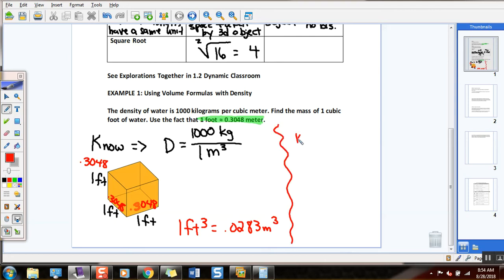It says for every 1,000 kilograms you have for every 1 cubic meter, well, we're looking for the mass. We don't know how much this weighs. This is unknown. We don't know the mass. So I'm going to put M up here for mass. But we do know that the cubic foot is now how many cubic meters? 0.0283.